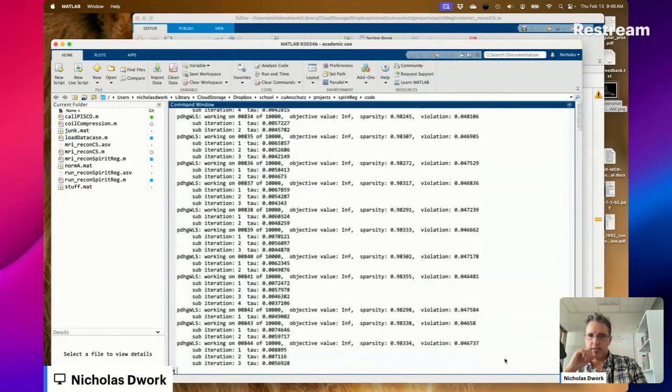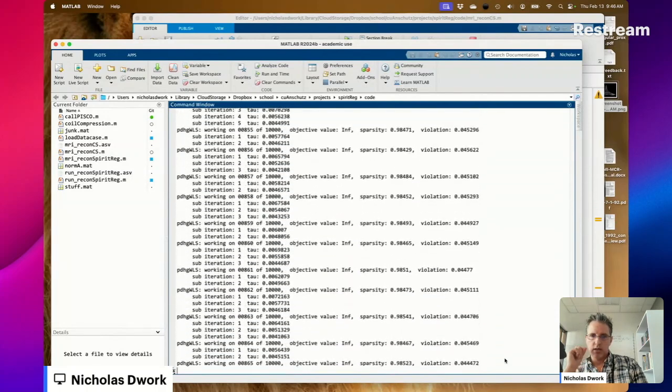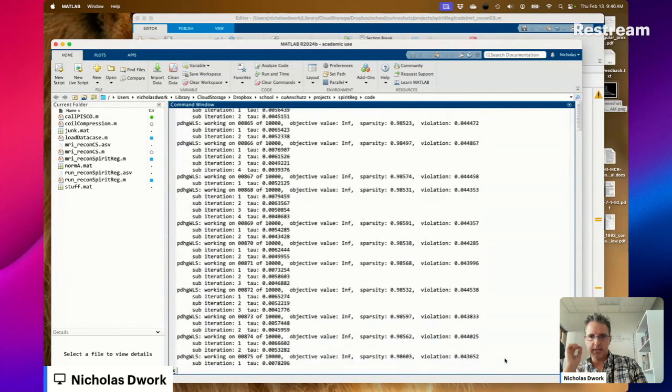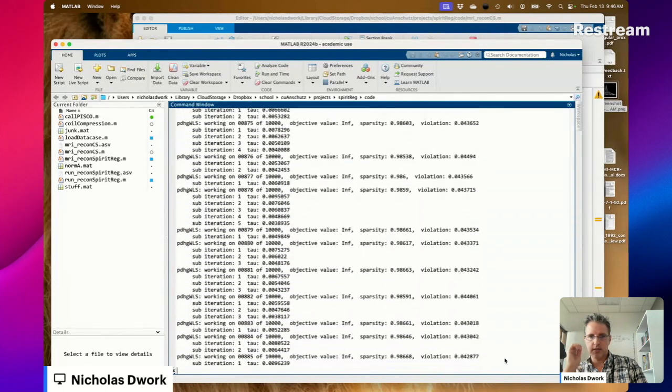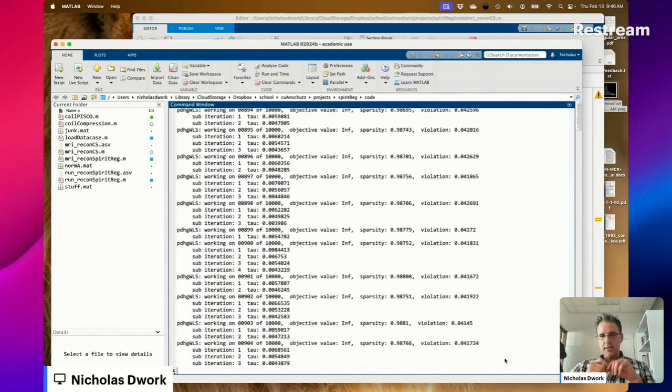Okay, so now the violation is down below 0.05. I wouldn't say we're meeting it yet, and the sparsity is still going up, it seems. I wonder if we're going to need 100,000 iterations.